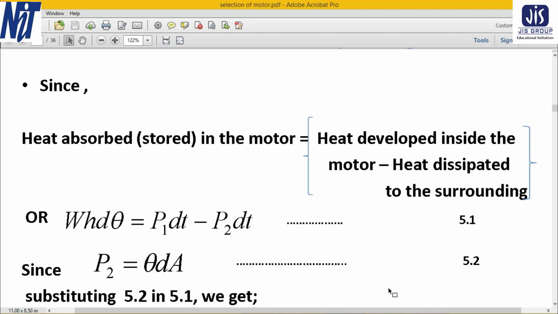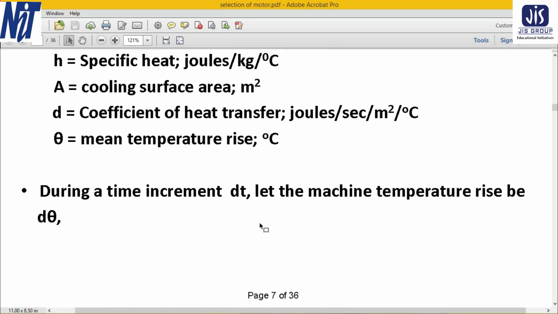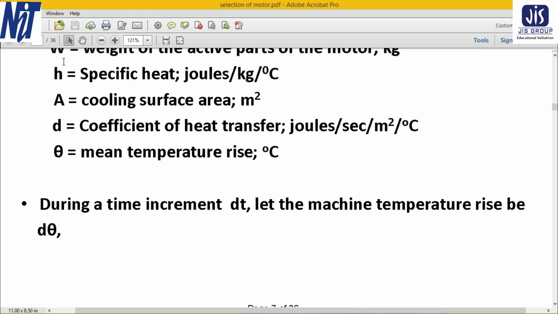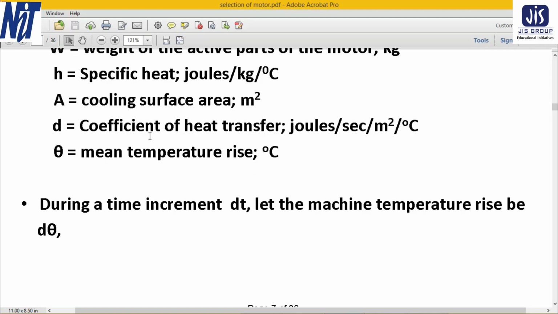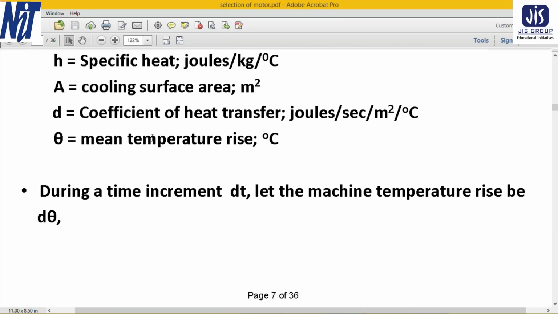So what is my absorption of heat? The motor weight is W, the weight of the active part, and H is the specific heat, joules per kg per degree centigrade, and theta is the mean temperature. So it will be WH d theta.